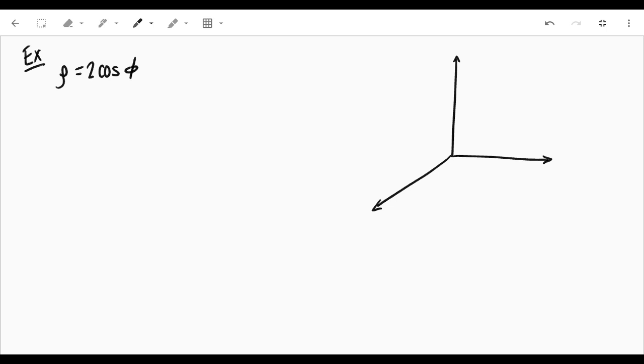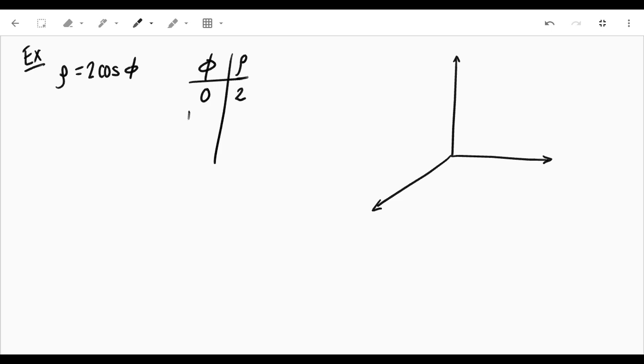Let's do a little bit more complex graphs here. We have rho equals 2 cosine phi, and I think this one wants you to describe it and convert it. First of all, we can think about this a little bit because it only has 2 variables here. So you can think about different values of phi. If phi is 0, then rho is going to be 2.